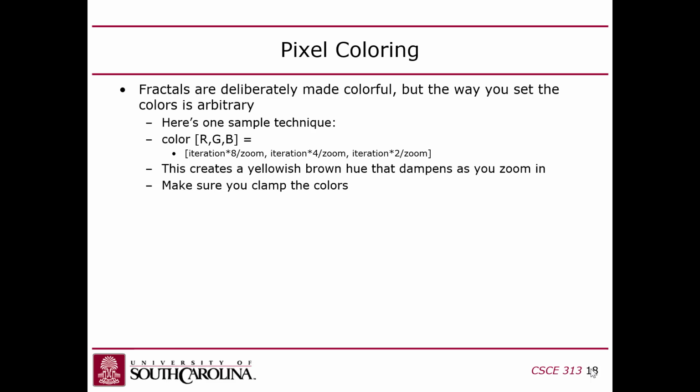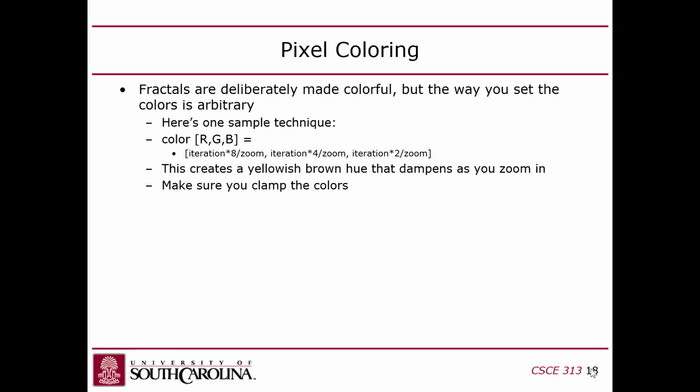So if you multiply the iteration by 8 and make that the red, multiply it by 4 and make that the green, and multiply it by 2 and make that the blue, this will give you a red, orange dominated palette, right? But if you prefer something cooler, you can make the blue the value that has the most weight. Multiply that one by 8, multiply red by 2, right?